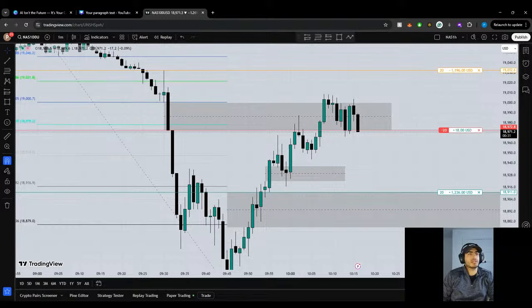For the moment, this price action is looking good. For the moment, on the 1 minute, anything can change.